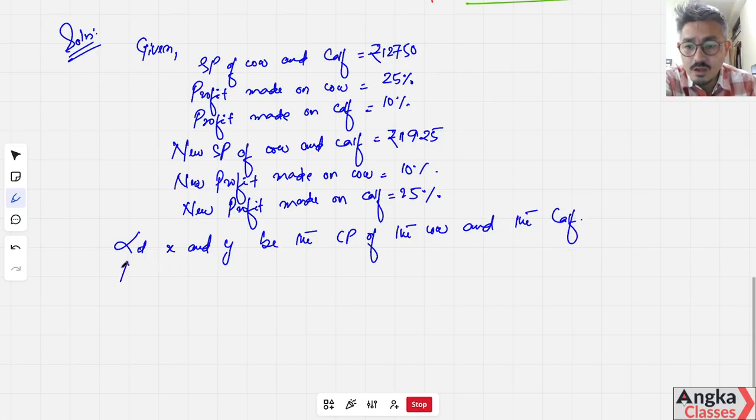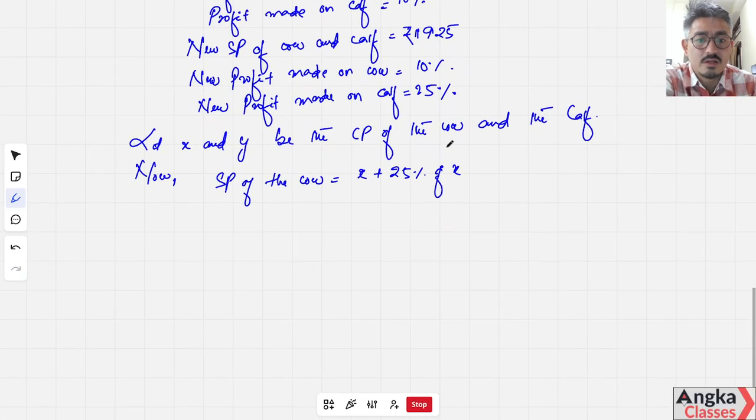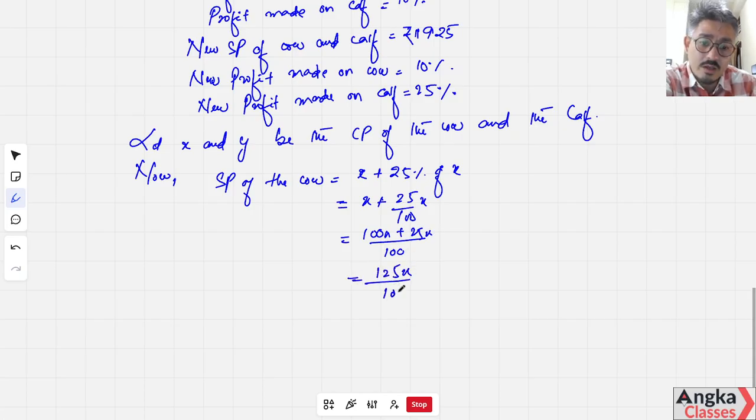The selling price of the cow in the first transaction is the cost price plus 25% of x, so x plus 25 by 100 x, which is 100x plus 25x, which is 125x by 100.